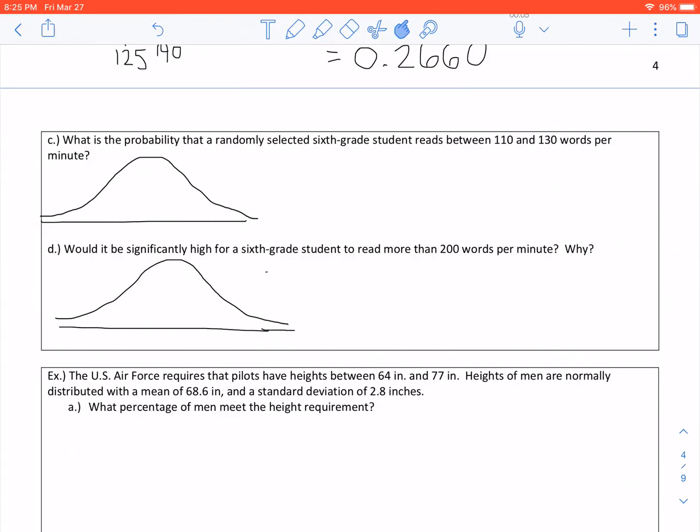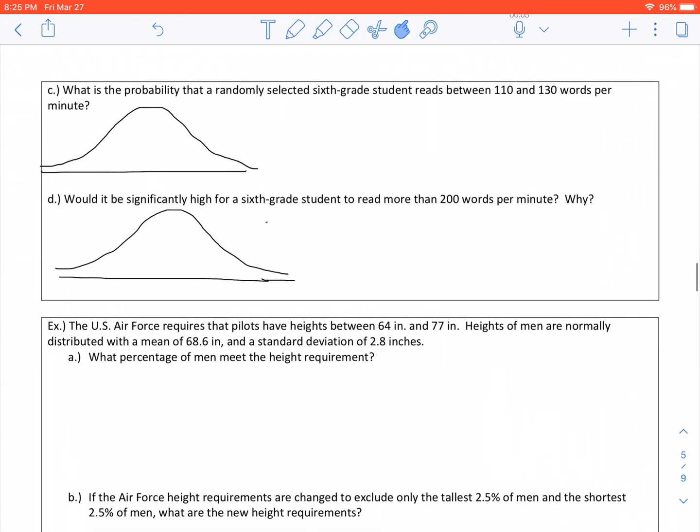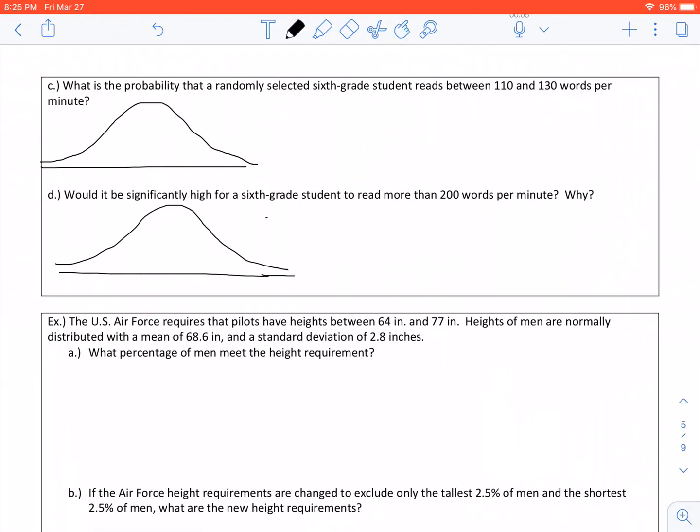Part C says, what is the probability that a randomly selected 6th grader reads between 110 and 130 words per minute? And so with this one, I'm going to go ahead and put my mean, which is 125, in the middle. And I need to put in 110 for my lower bound here.